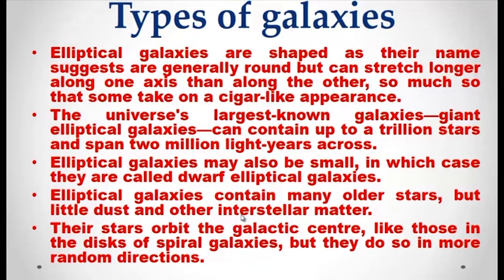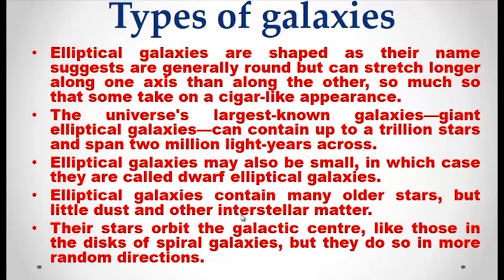A galaxy like an ellipse can stretch longer along one axis and shorter along the other axis. The universe's largest known galaxies, giant elliptical galaxies, can contain up to 1 trillion stars and span 2 million light years across in size. This is the universe's largest known giant elliptical galaxy.